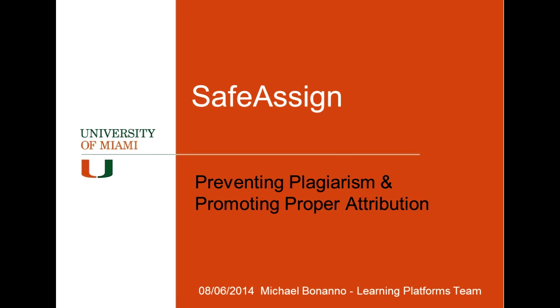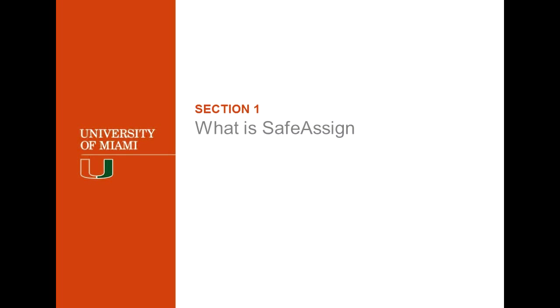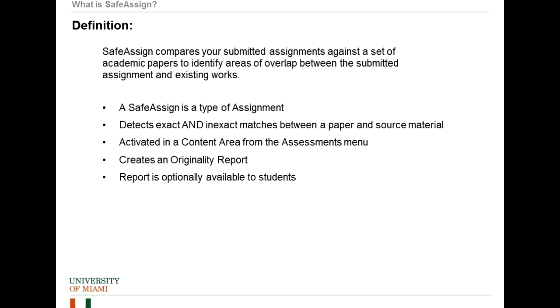SafeAssign is a system built into Blackboard for both preventing plagiarism and promoting proper attribution. It compares any assignments that are submitted through the system against a set of academic papers to identify areas of overlap between the submitted assignment and existing works.